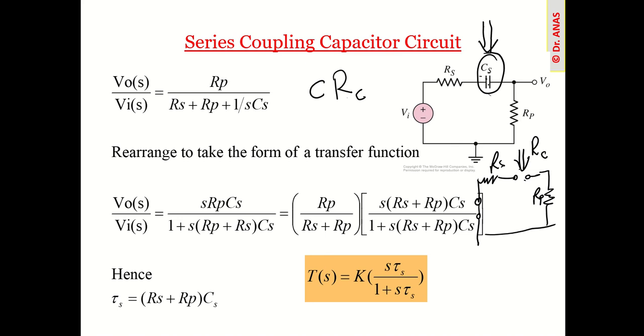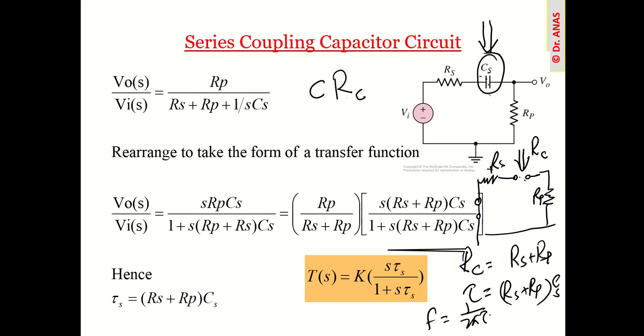If you look from this point, these two resistors are in series, so the resistance seen by this capacitor is basically Rs plus Rp. So tau will become Rs plus Rp times this capacitance value, and the frequency will become 1 over 2 pi tau. This is the way to calculate the frequency.